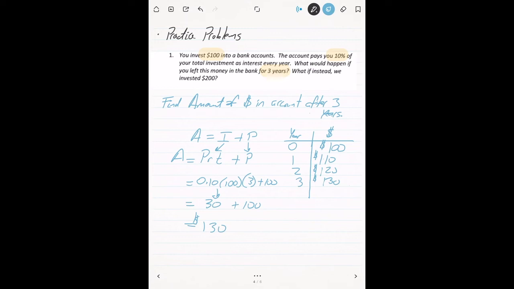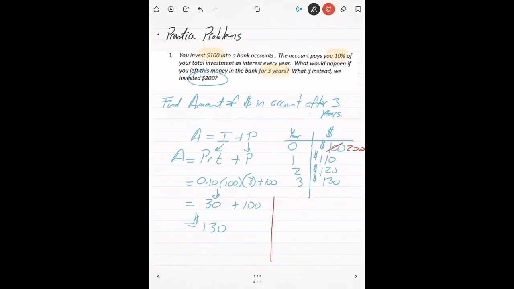Now, what if instead we had invested $200 to begin with? How does that change this? So instead of $100 as our principal, it's now $200. So how much money are we earning in interest?